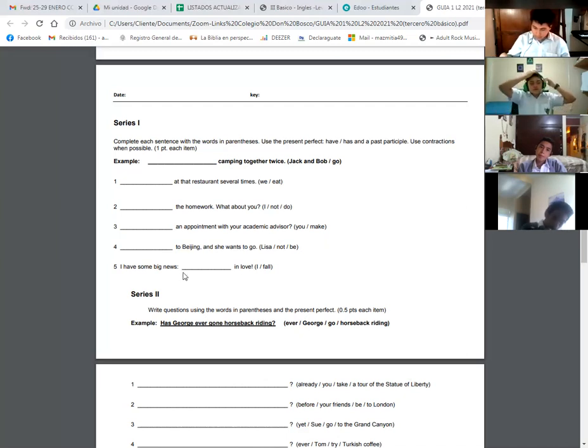So what we need to do is write I and then fall in this space. Okay. I have some big news. Then you make your statement. Okay. Using first I, then have. Use the verb fall in past participle.